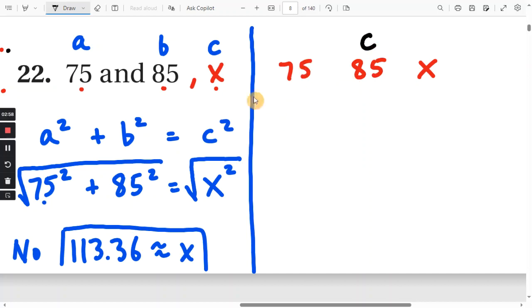Okay, so since I let 75 and 85 be A and B last time, this time I'm going to let the 85 equal C, and A and B is going to be 75 and X. All right, so we assumed this was the longest. That didn't work because it was a decimal. Now I'm going to assume that one is the longest. So now do the same thing again.